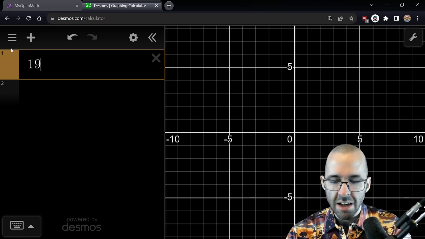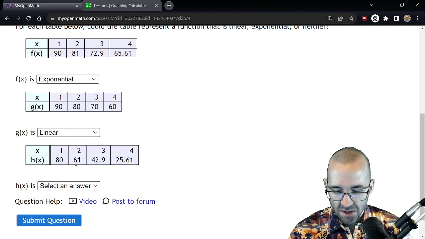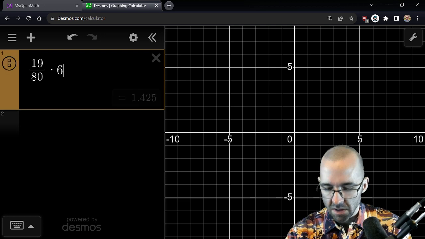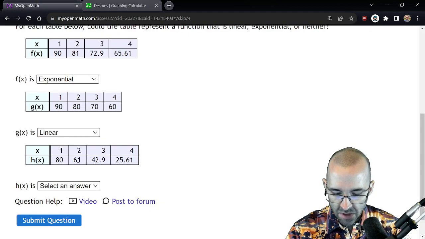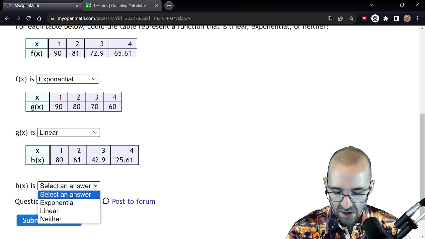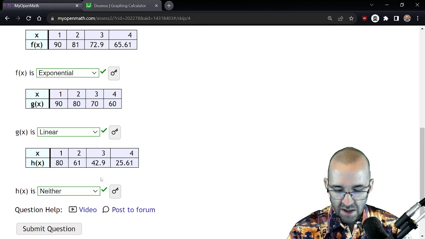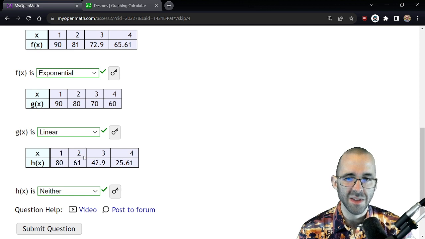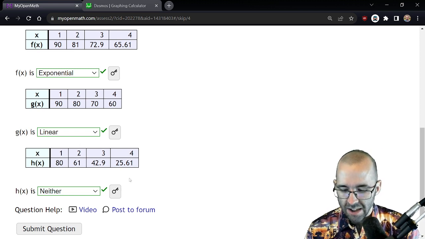So 19 over 80 is the answer. All right, we lost 23.75%. Did we lose that same amount from 61? Did we lose about 14.5 about? No, we lost more than that. Not going to be exponential. We're not losing a constant percent every time. This last one's kind of hard to see, but that's the idea here.